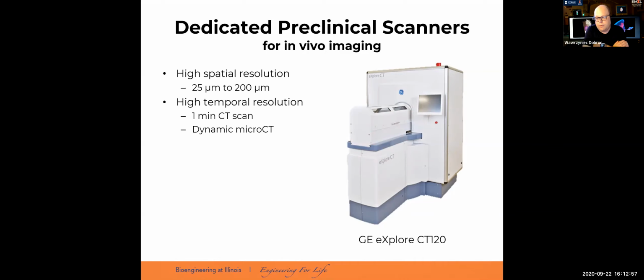Then what I really liked in the system was a relatively high temporal resolution. Remember when we were talking about the clinical systems, that they have a very high temporal resolution within milliseconds, which means that because of the very fast rotation of the gantry around the patient, you can acquire practically every 10, 20 milliseconds an image.